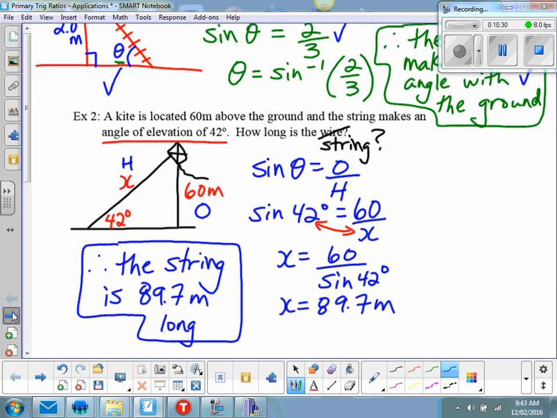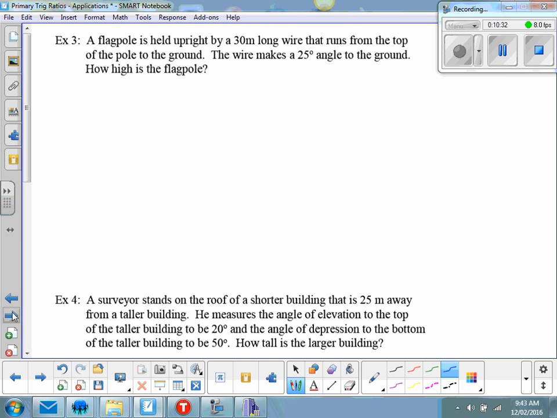All right, on to the next one. Okay, so a flagpole is held upright by a 30-meter long wire that runs from the top of the pole to the ground. So we've got a flagpole here, and there's a wire that's 30 meters long.